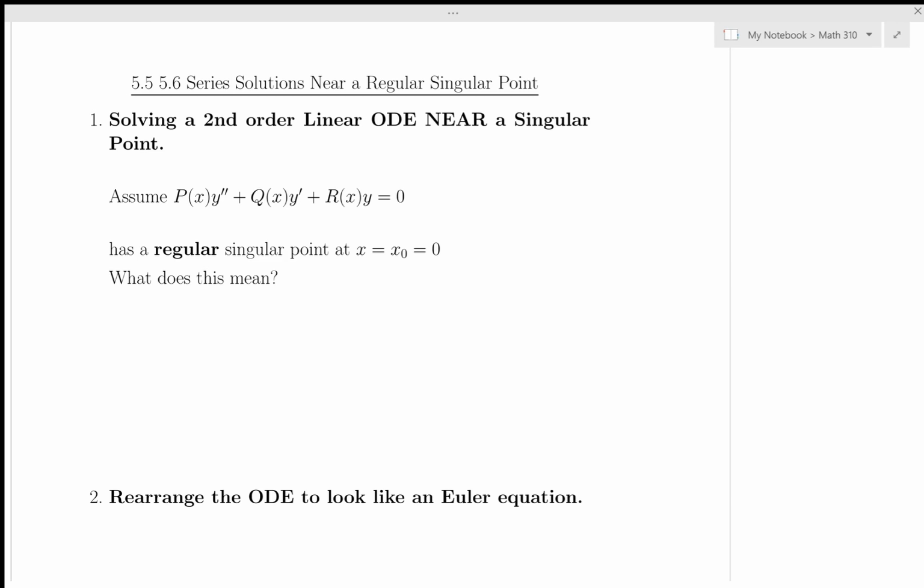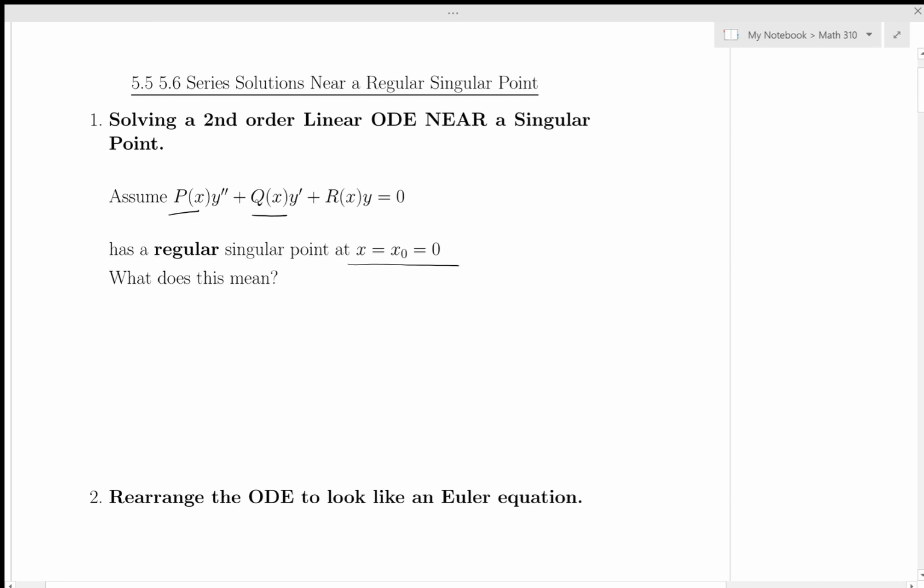Okay, so here is our second order linear ordinary differential equation. P of x y double prime plus q of x y prime plus r of x y equals 0, and we are claiming in this that we have a regular singular point at x equals x naught, which in fact we are going to make 0.